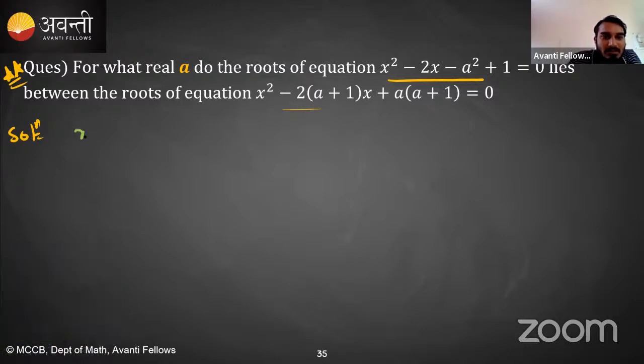Look at the question. What is this equation? x square minus 2 times (a plus 1) into x plus a into (a plus 1) equal to 0. Let's say its roots are alpha and beta.